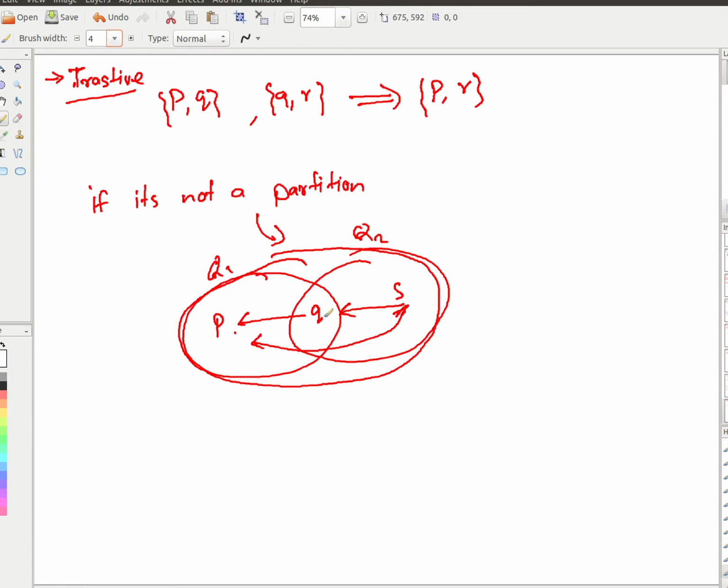So all the blocks will be completely disjoint. There is no intersection between the blocks. And if there is an intersection, you can always prove that the intersecting element is equivalent to both of these. Because of the transitive property, every element here is also equivalent to here. So actually you can form a bigger block. So you can form a single block for it.